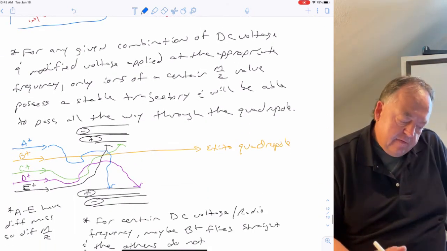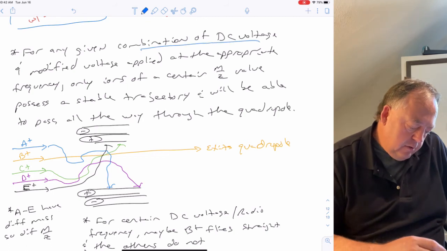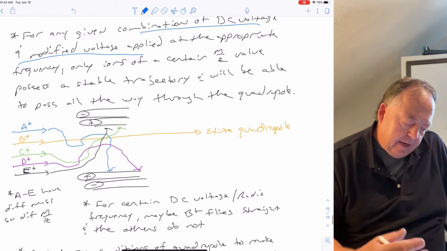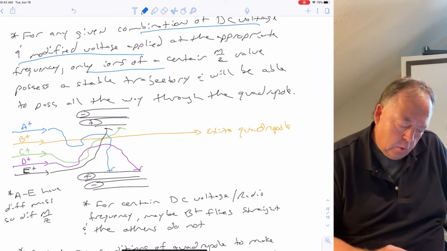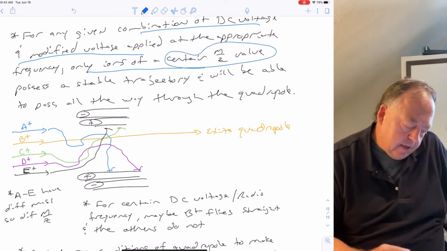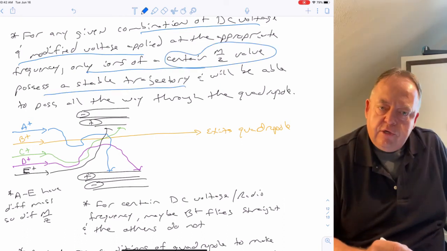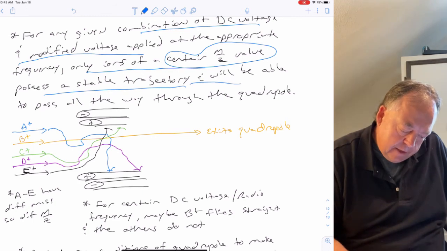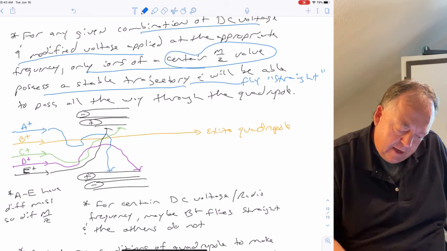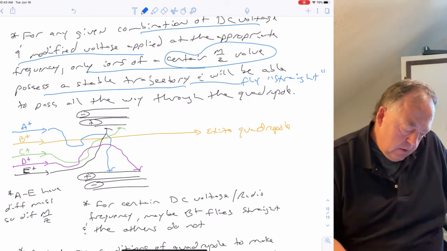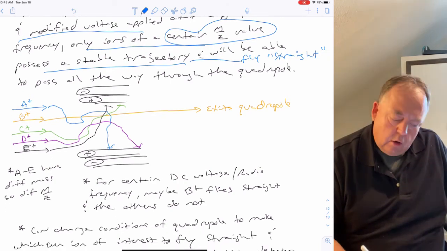Okay, so for any given combination of DC voltages applied at the appropriate frequency, only ions of a certain mass will possess a stable trajectory and will basically fly straight, and then can pass all the way through the quadrupole.